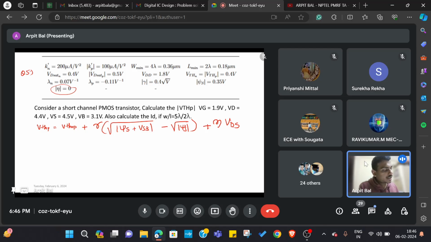But in this case eta is given as 0, so this component is going to be 0. So this is only the VTH considering body effect.